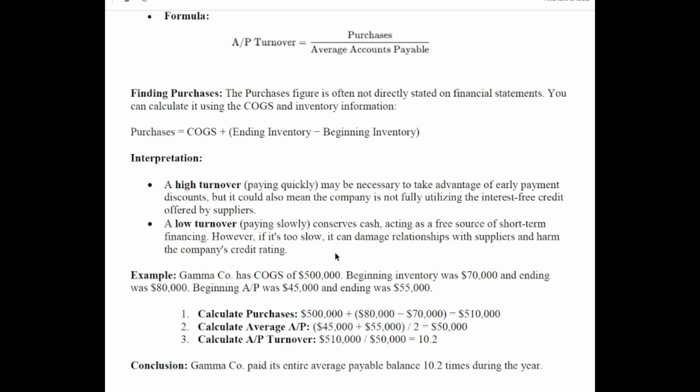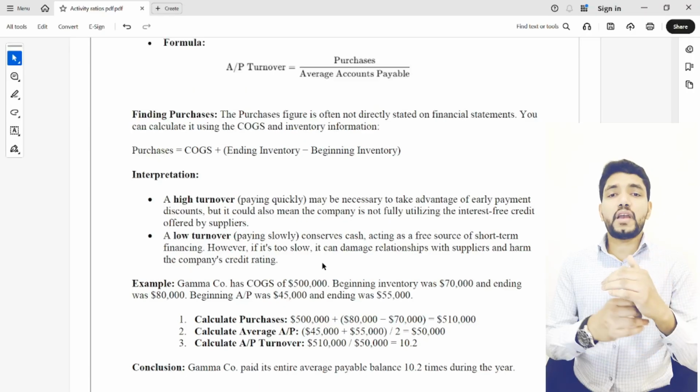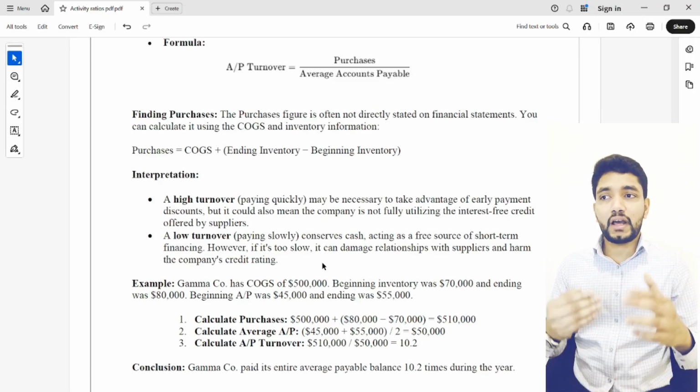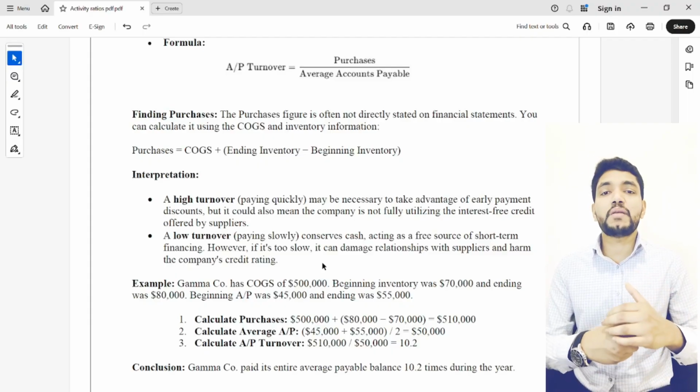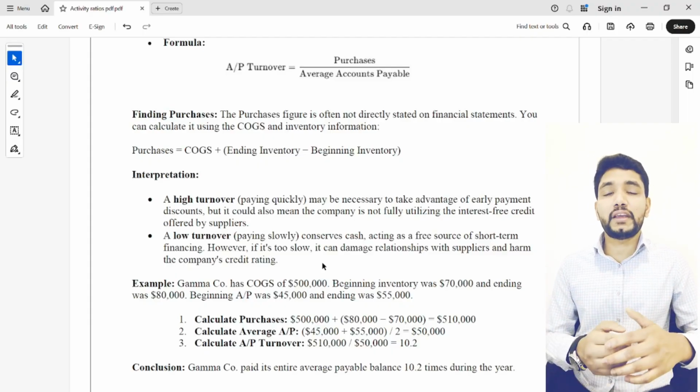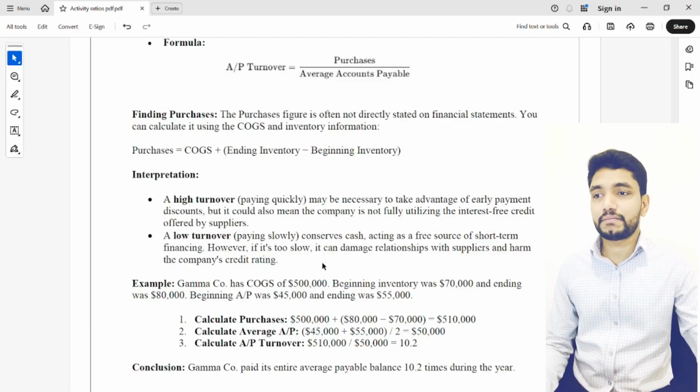Even with a low turnover ratio, the company is utilizing a free source of short-term financing, but if we breach the agreed terms with the supplier, it can damage the relationship and harm the credit rating. So there should be an optimum level for the accounts payable turnover ratio, managed effectively by considering all these factors.